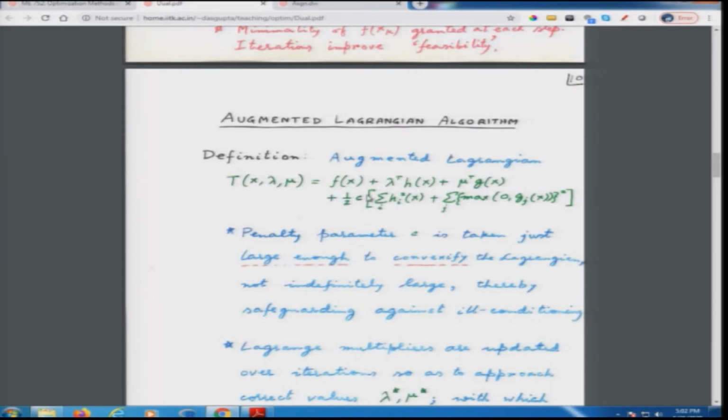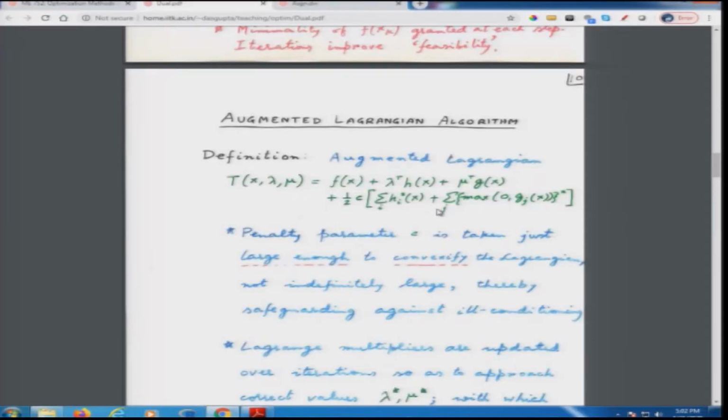In the ordinary penalty method, as we discussed, the penalty parameter C has to be gradually increased to a very high number, that is, perhaps starting from 1 you make it 10, 100, 1000 and so on. Finally, the penalty parameter C may go to 10 to the power 6, 7 like that, and that may make the function ill conditioned, that may make the algorithms ill conditioned.